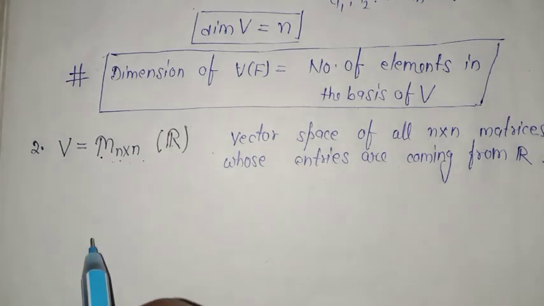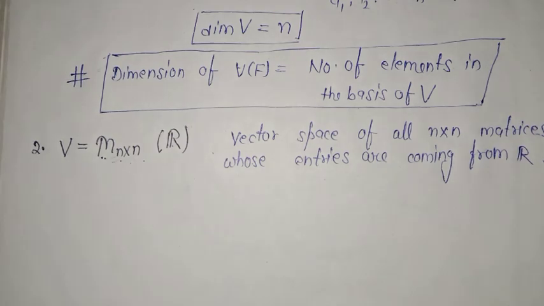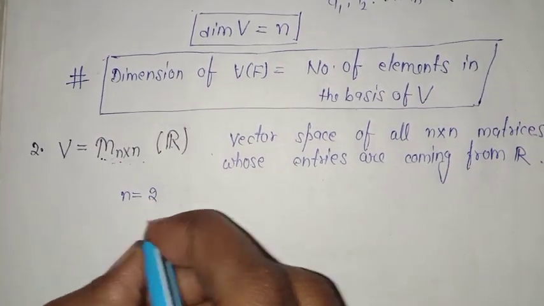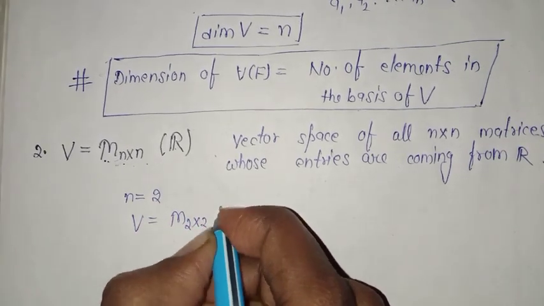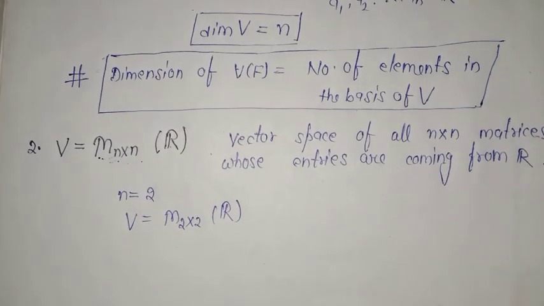If n is large, we would need so much space to write the matrix. So if I take n as 2, then V becomes M 2 cross 2 over R. In this case, it's easy to find a subset of this vector space V.